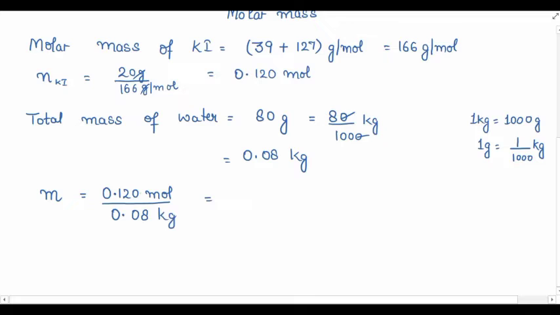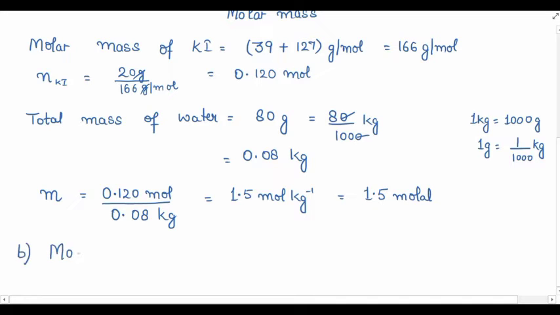On dividing, we have 1.5 molal or 1.5 mole per kg. So student, this is the method by which we can find the molality of the given KI solution.